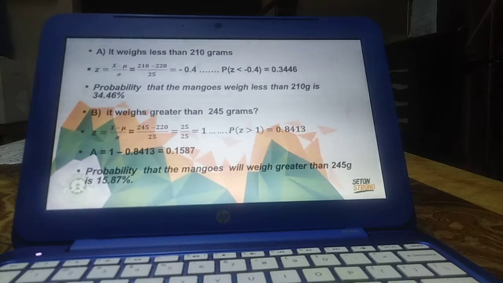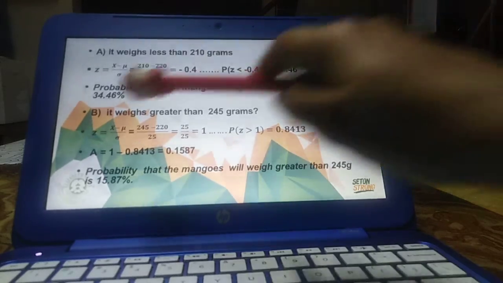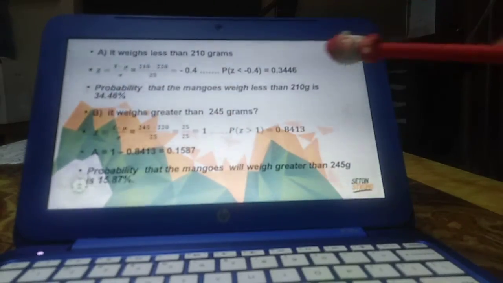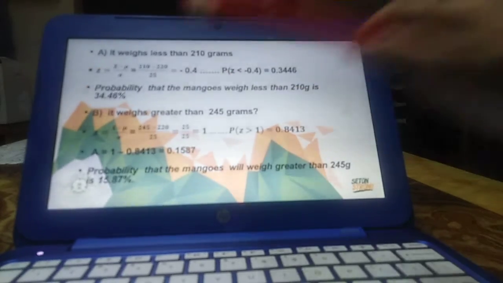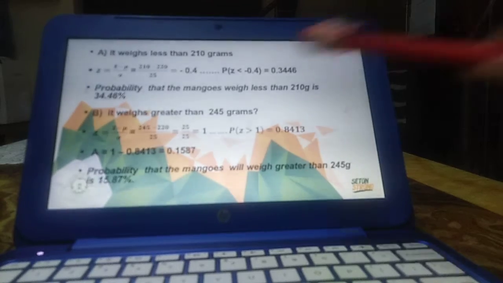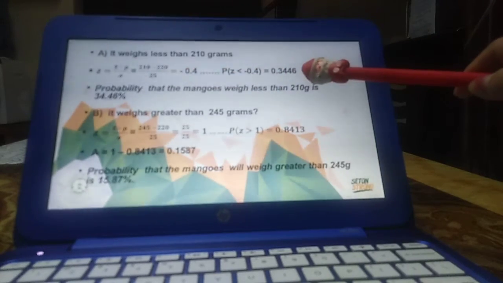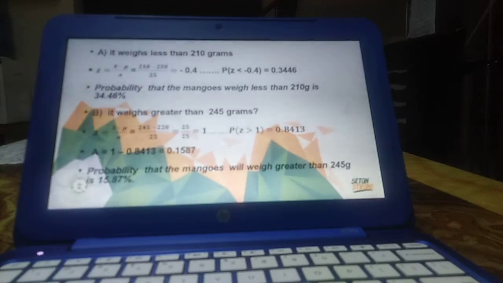Okay, let's do the solution. For letter A, it weighs less than 210 grams. So 210 minus 220 over 25 is negative 0.4. The area for negative 0.4 is 0.3446.